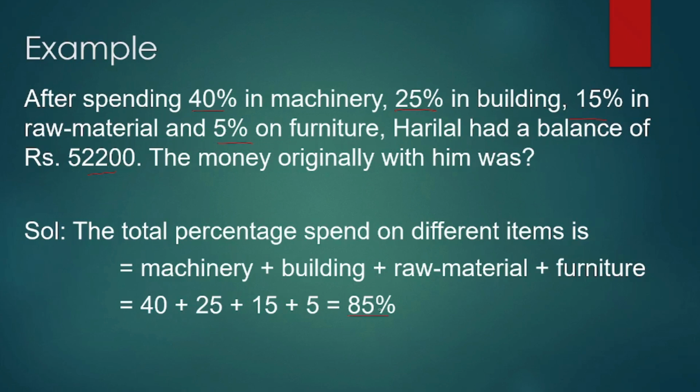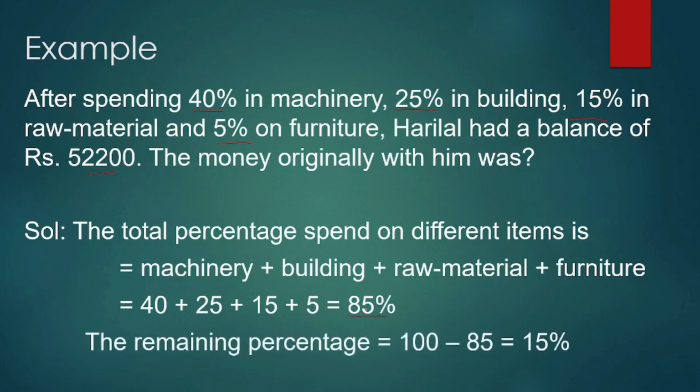Total 85% he spent. Then the remaining is 100 minus 85, 15%. This 15% is equal to the given 52,200.